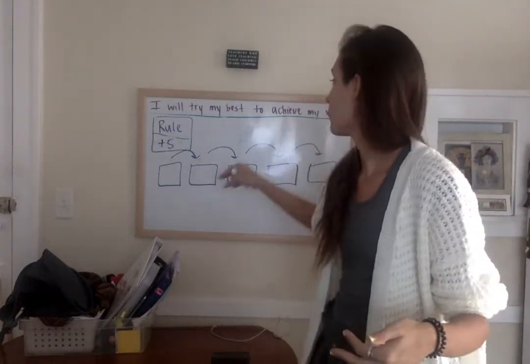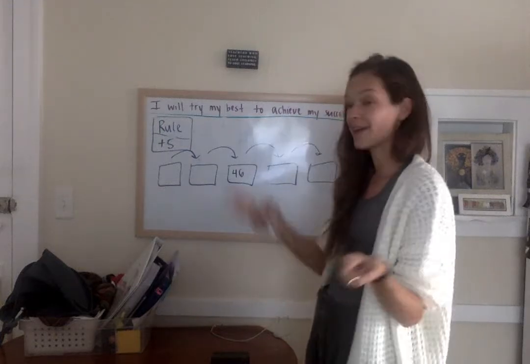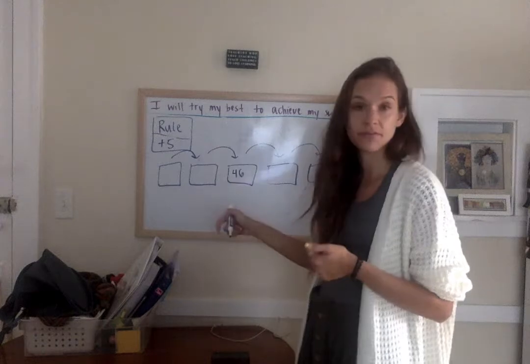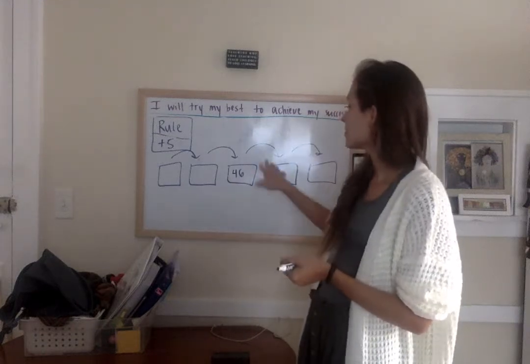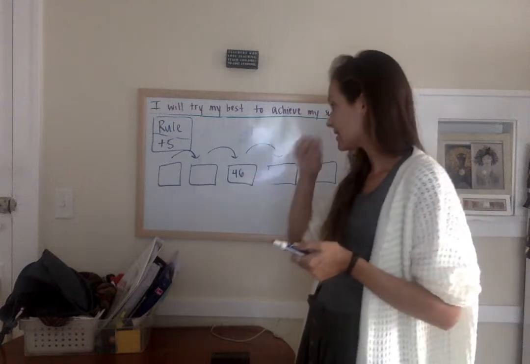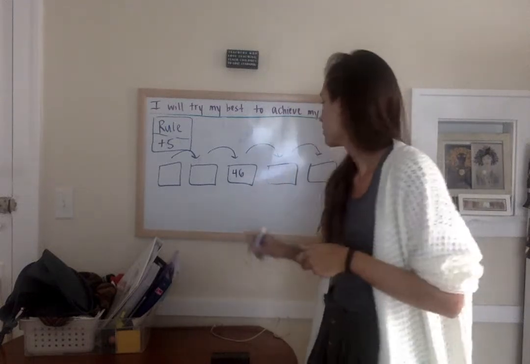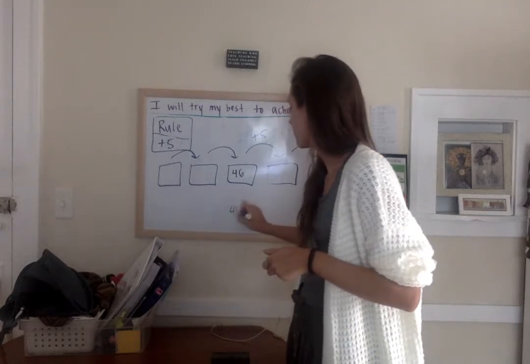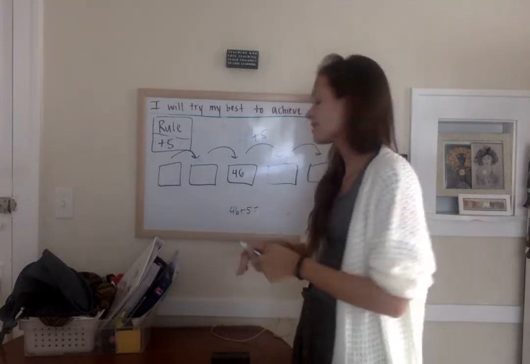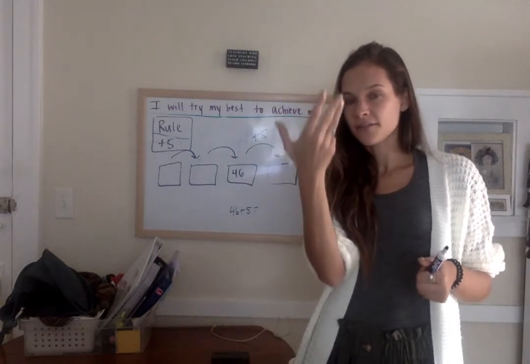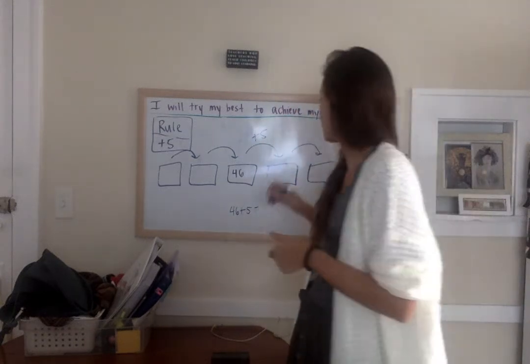So we know that when we're moving in this direction, what do we have to do? We just have to add 5, right? So let's start by doing that, because that's what we know. So if we're at 46, we have to do 46 plus 5. 46, 47, 48, 49, 50, 51.